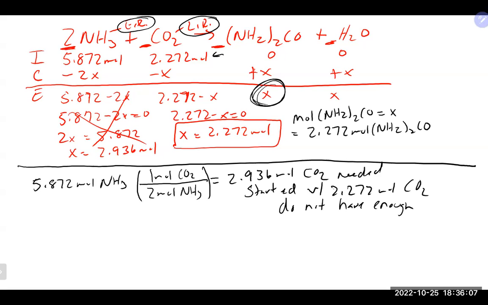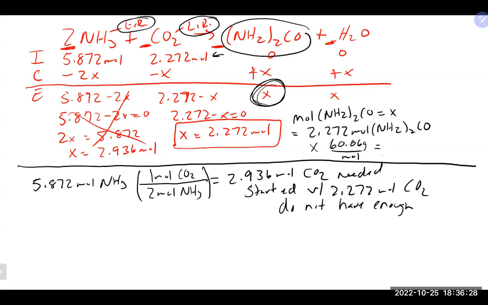That would technically be our theoretical yield in moles. But again, we were given our actual yield in grams, so we do want to convert this to grams. So we're going to times this by the molar mass of the product, which is 60.06 grams per mole. That is the molar mass of this guy.